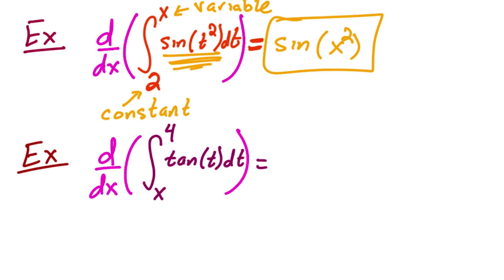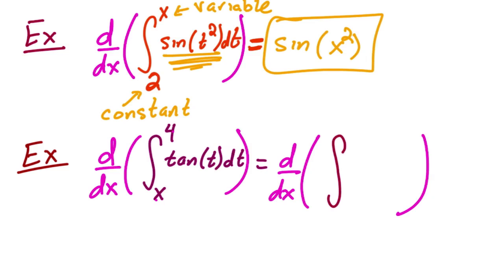This isn't in the form, right? Well, can you put it in the form where it has constant on the bottom, variable on top? Why, yes, you can, using one of your properties of integrals that you all remember, of course. You would have the integral from 4 to x as long as you flip the sign on the outside.